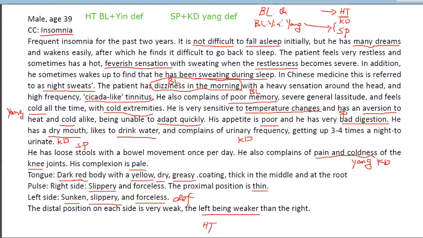But for the heart, it is mainly yin deficiency, because the person has some heat signs, has dreams, wakes up frequently and has difficulty going back to sleep. It is some heat sign related to the heart. So that's why we put heart deficiency in there. We just put the different issues related to different organs mainly.